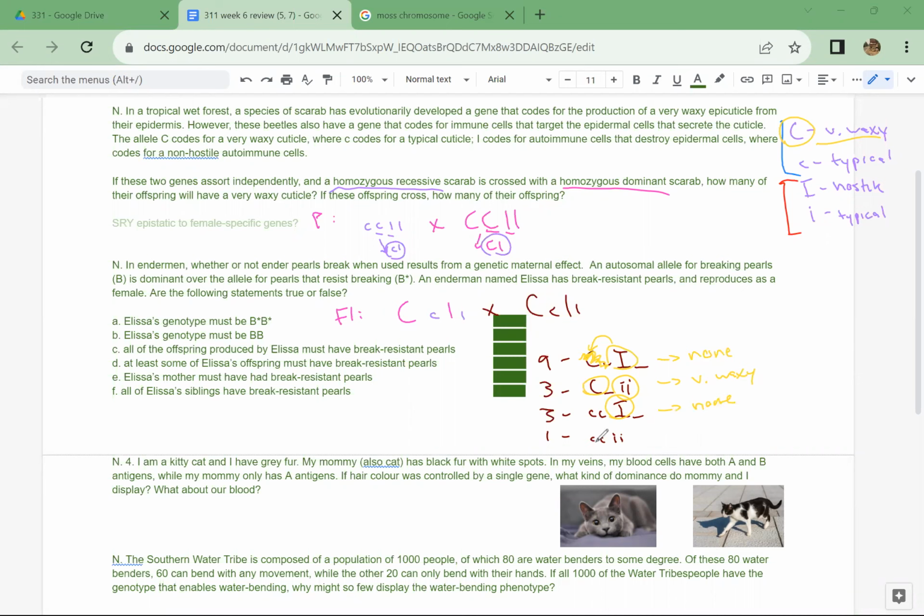And finally, the 1 individual has just a typical cuticle. So let's see whether or not they can actually produce it. And yes, they can. They have the homozygous recessive condition at the autoimmune locus, and we know that will code for non-hostile autoimmune cells. And so we can produce whatever kind of cuticle is coded for. And in that case, that is just a typical kind of cuticle.